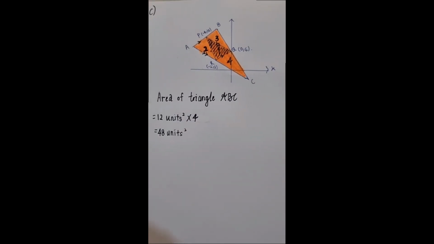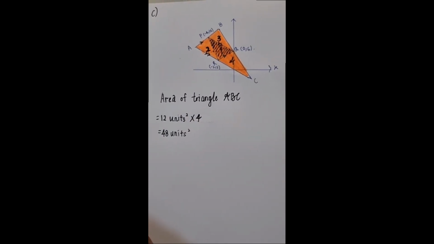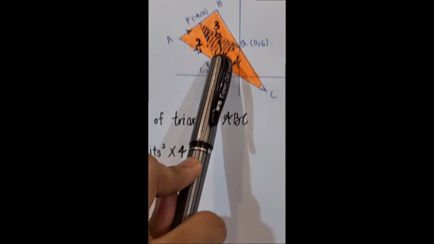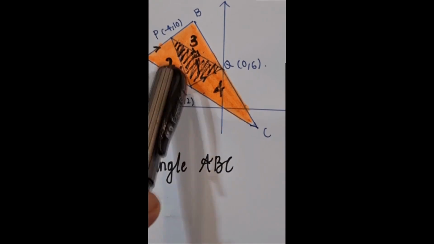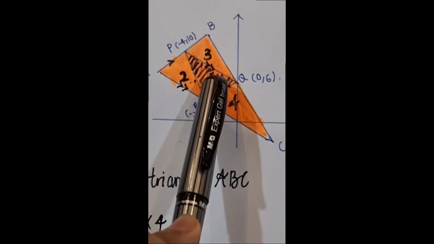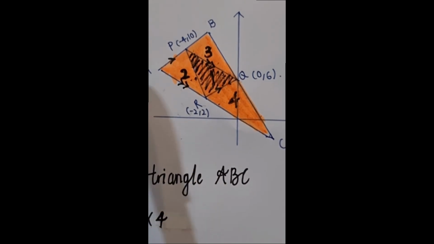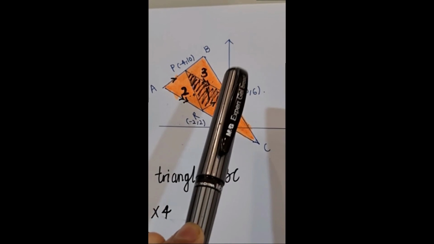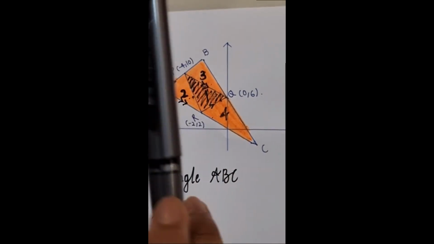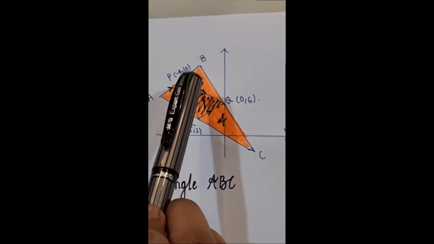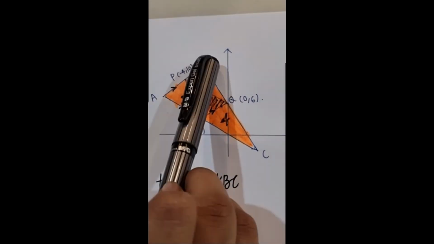After we find the area of triangle PQR, we have to find the area of triangle ABC. So the area of triangle 1 is the same as the area of triangle 2 because triangle 1 is a part of parallelogram APQR. Area of triangle 2 and area of triangle 3 are the same because P is the midpoint of AB.